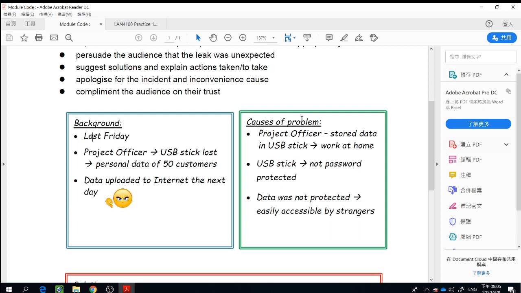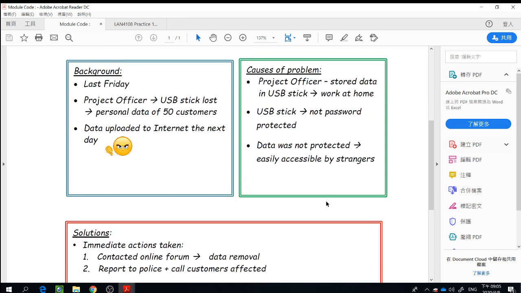To understand the causes of the problem, the project officer stored the data in a USB stick when he took it from work at home. He wanted to take it home to work. Unfortunately, the USB stick was not password protected. As a result, the data was not protected and it could be easily accessible by strangers.